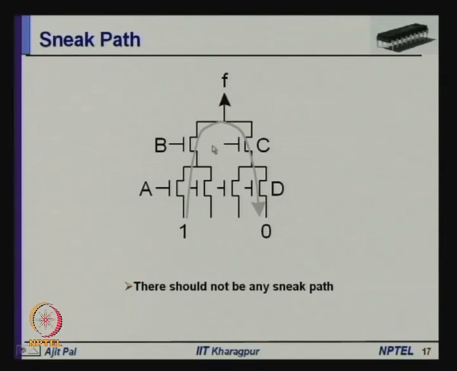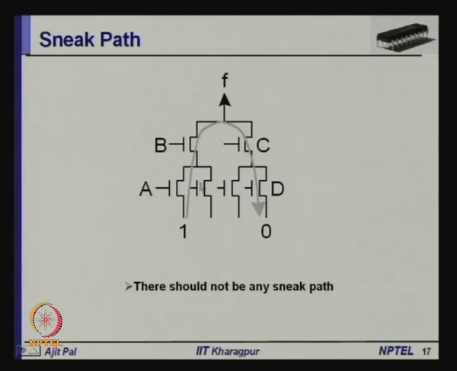As you can see here, you are supposed to get F, but simultaneously, for some input combination, in this particular case A is equal to 1, B is equal to 1, C is equal to 1, D is equal to 1, you can see there is a path from 1 to 0.